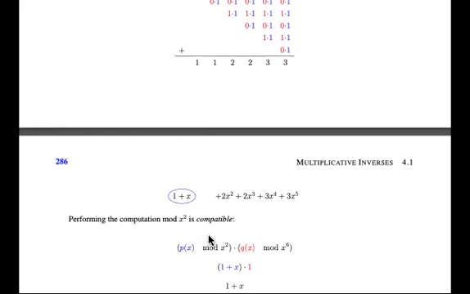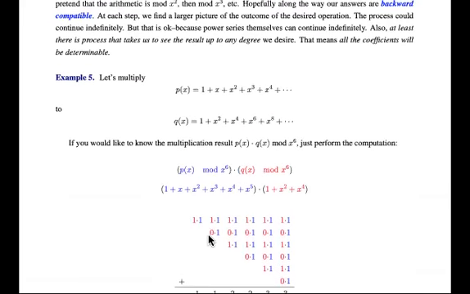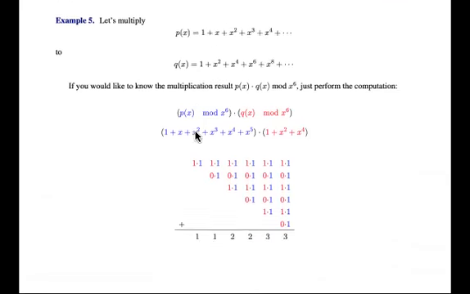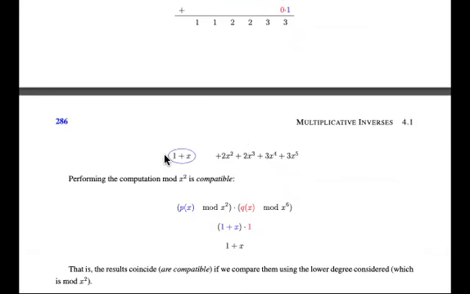What if we mod it out by x squared instead? That's like 1 plus x times 1. Notice that you end up getting 1 plus x. Well, if you look at the result here, when we mod it out by x to the 6, 1 plus x is the result when we mod the result by x squared. So whether we did it x to the 6 or x squared, cutting it off, notice that the first bit agrees.